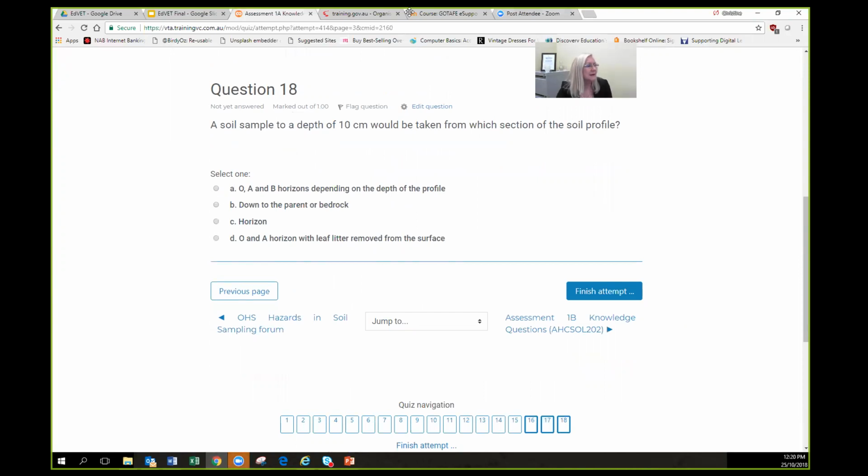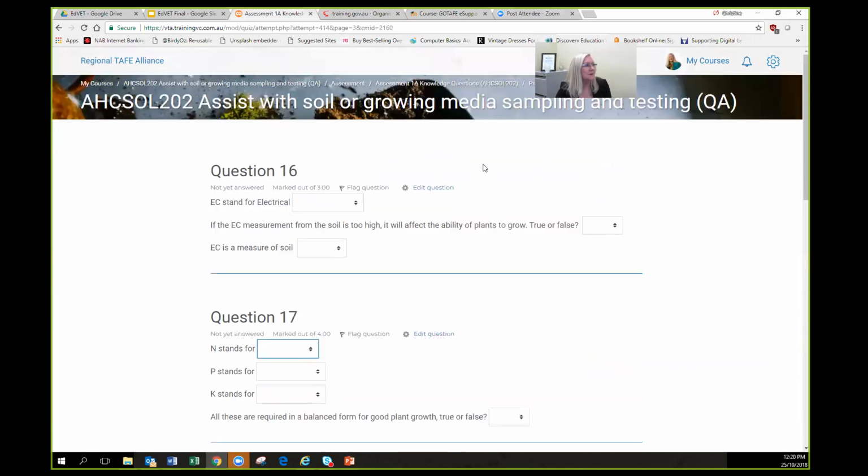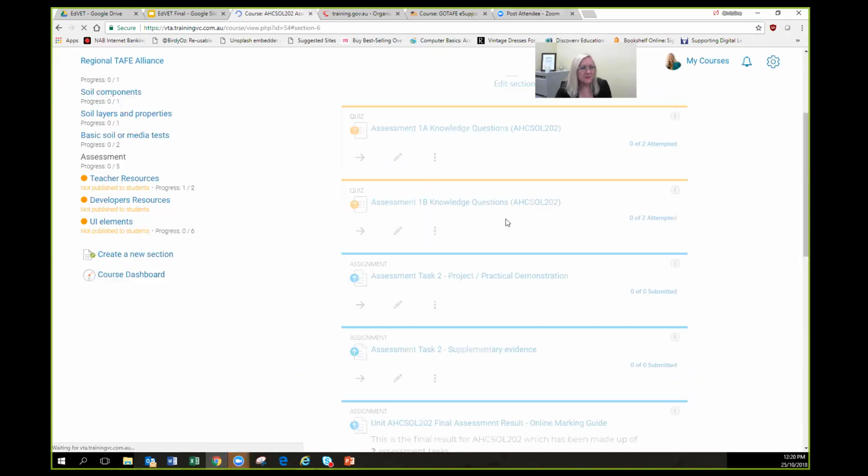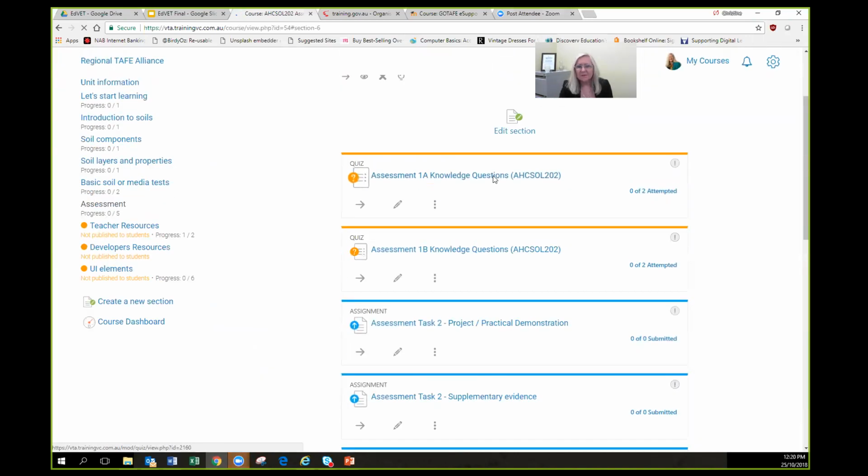And then we had another quiz, which was broken down into part B of the assessment. We had part 1A and 1B. Normally with our quizzes, if we've got a combination of writing quizzes and self-marking quizzes, we try to keep them separate so that the students can get instant feedback for the ones that are self-marking, and it's great for the teacher.